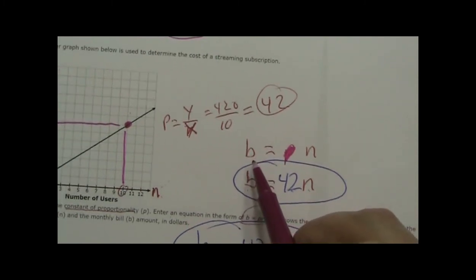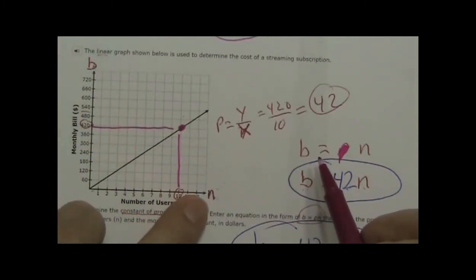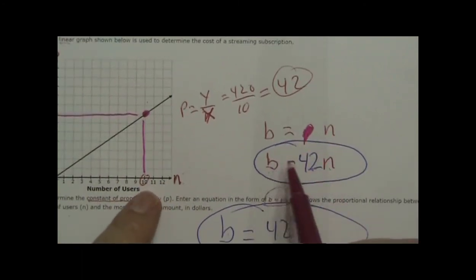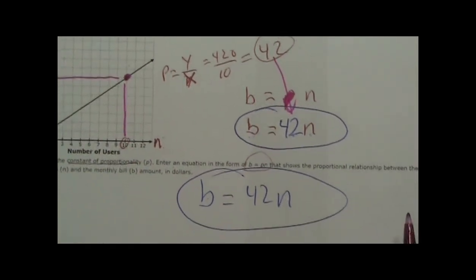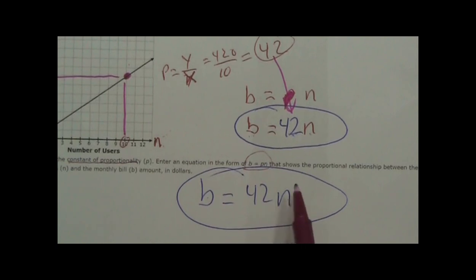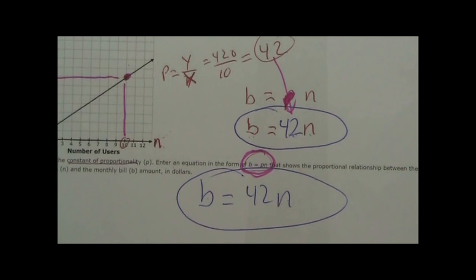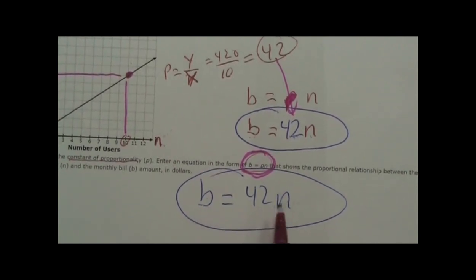B for the bill and N for the number of users. So B and N instead of Y and X. So you put that number right there, and that is why it comes out to B equals 42N. Now, they tell you to write it as B equals PN. So use, again, lowercase letters, B and N, and your unit rate right there.